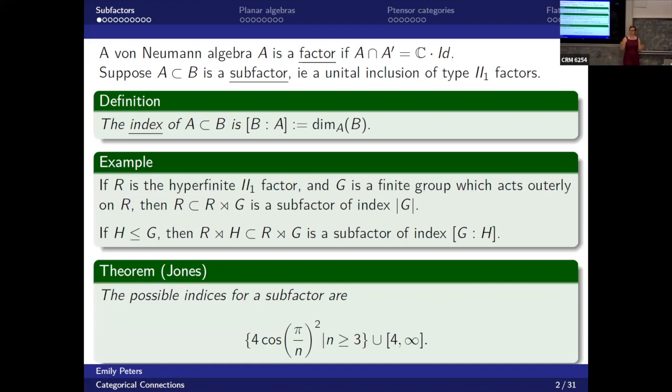And so even though this thing is a dimension, we call it an index, it doesn't have to be integral. It's already a clue that maybe there's something going on here that's different than analogies with finite dimensions might lead us to expect.